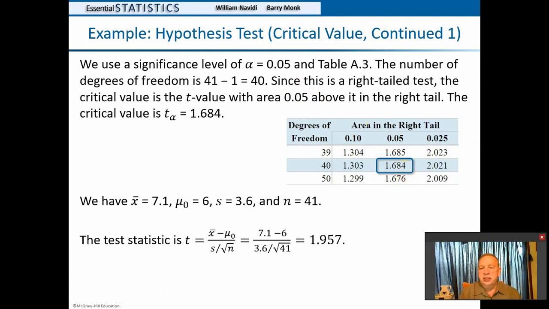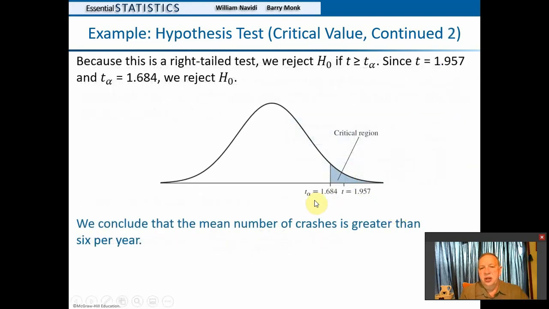I'm going to plot the t-test statistic, that 1.957, compared to the critical value. Here's the 1.684, the t alpha, the critical value based on alpha 0.05. Here's the test statistic, 1.957. It is in the critical region of the tail.